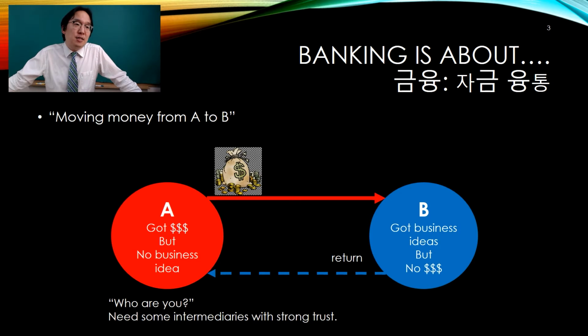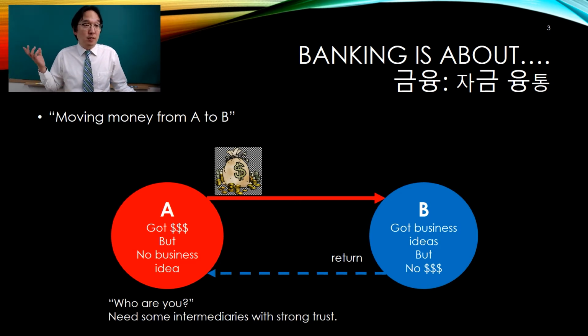An idea does not necessarily come together with the money. Of course, the money will follow these ideas, but what I'm saying is the guys with good ideas are not necessarily the guys with the money, right? So people in B need people in A, and people in A need people in B.